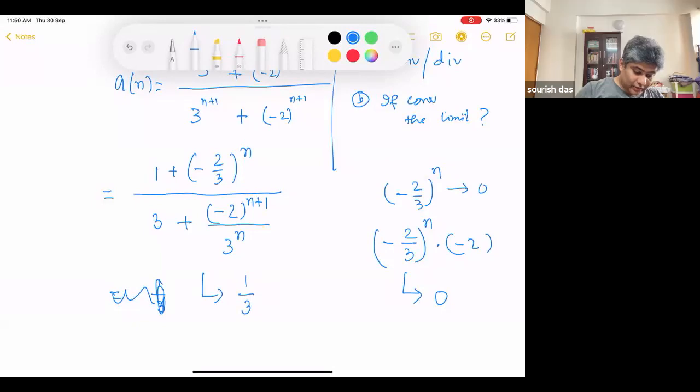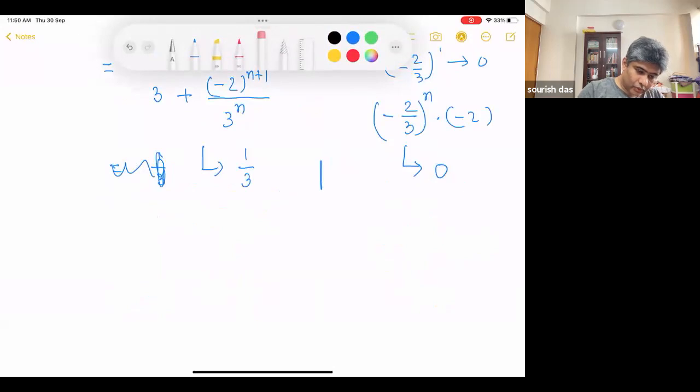There is another way also. I was thinking of a slightly different way to approach it. This is also fine, but just check whether it is a monotonically increasing or decreasing function. Check if a_{n+1}/a_n is less than 1 or greater than 1.